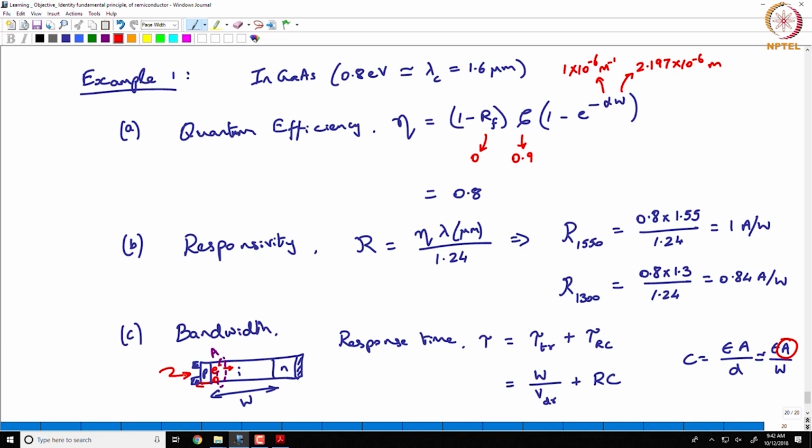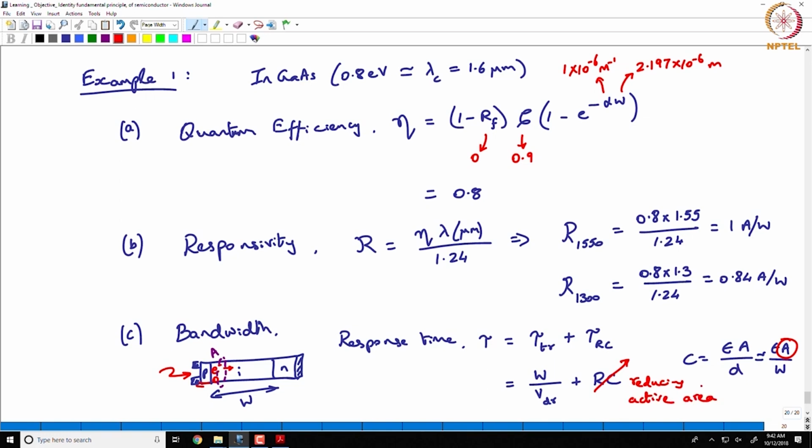Yeah, transit time depends on this W. And response time depends on this. So that's what we are saying. Response time, in the case when you have negligible capacitance, as in the case that we have been asked to assume, you can basically neglect this by reducing the active area, right?